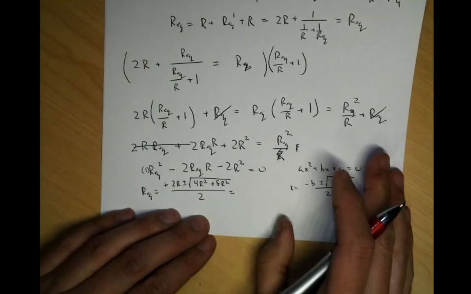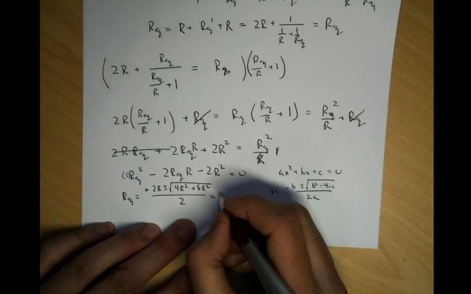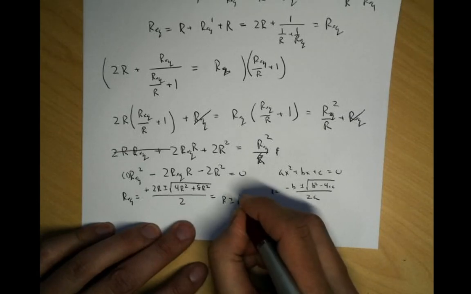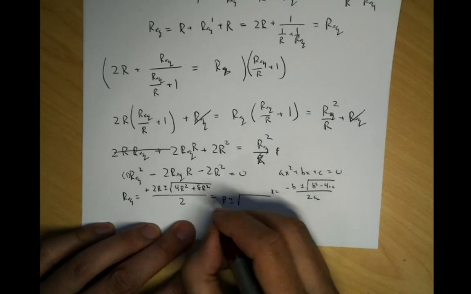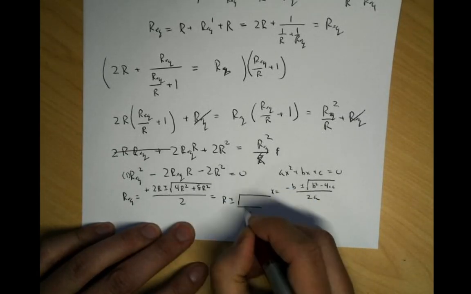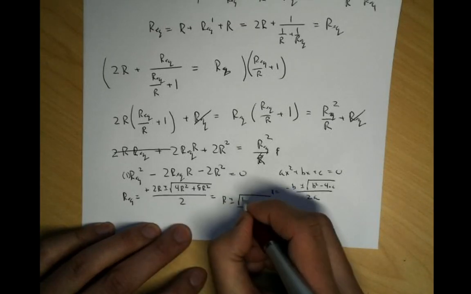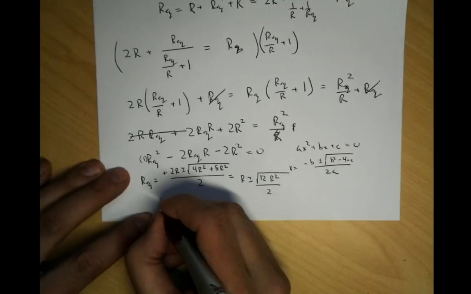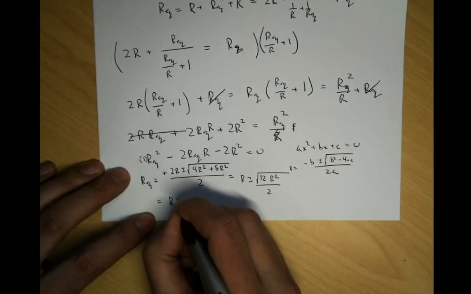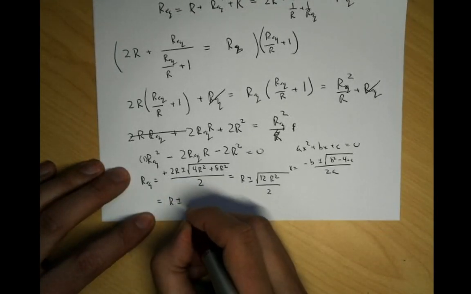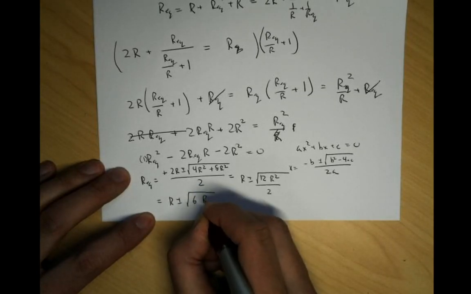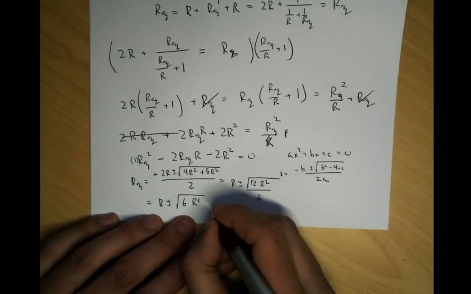So this is going to be equal to R plus or minus square root of, this one is over 2, this is 12R squared over 4, okay? And so this is basically equal to R plus or minus square root of 3R squared.